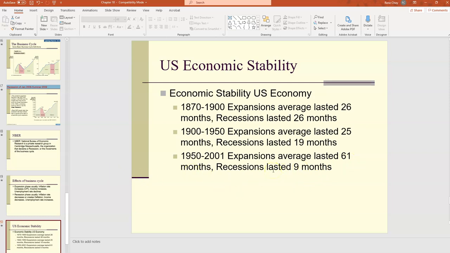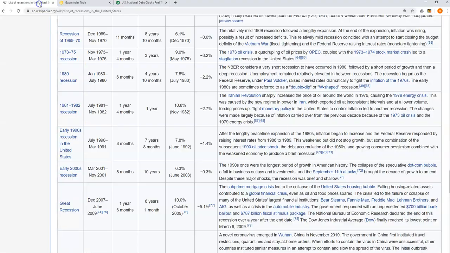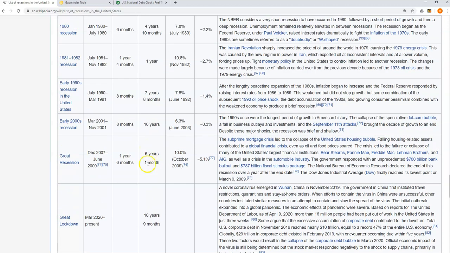The expansion that we just experienced between 2009 and 2020, before the COVID recession, is the largest in US history in length. Okay, so this is the largest expansion in US history, 10 years and 9 months before the previous recession.